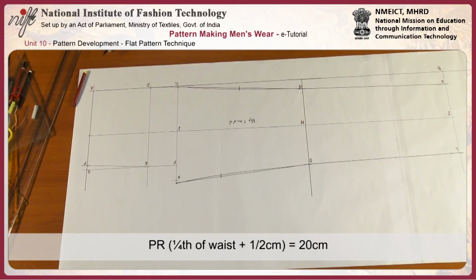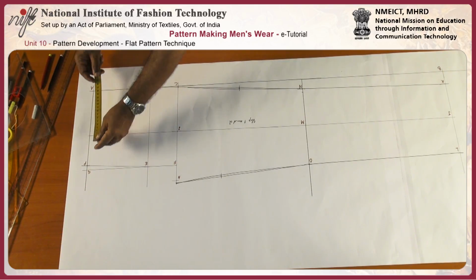From point P to R will be 1/4 of waist plus half centimeter, that is 20 centimeter.